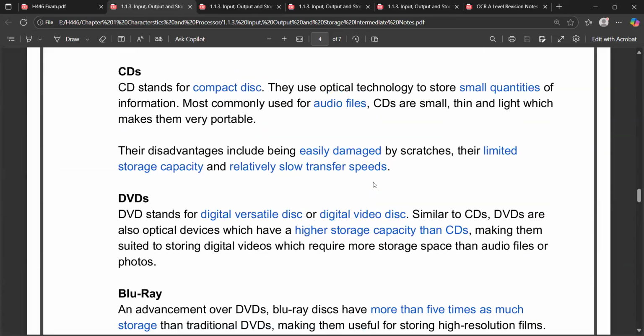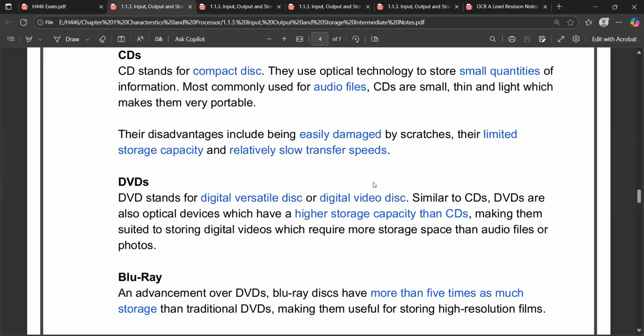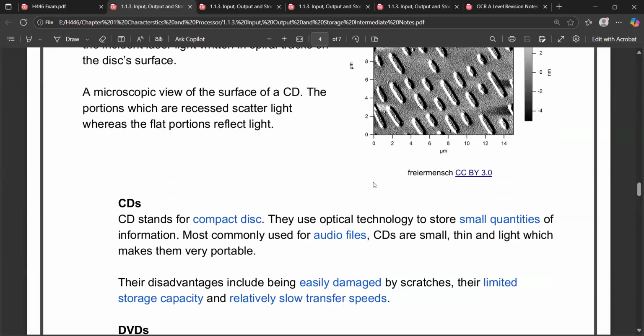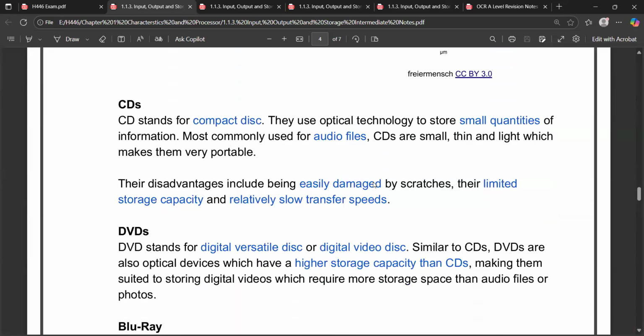Like you can say that when it was my time, maybe like 500 years ago when I was a student, we used to have CDs, and a CD is only about 700 MB. That is the storage capacity of a CD. So you just cannot store so much information in the CD.